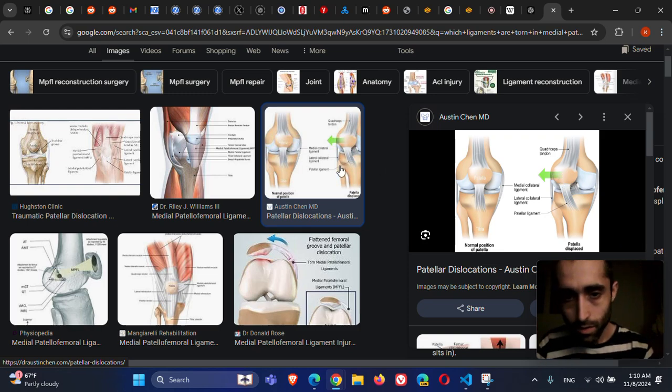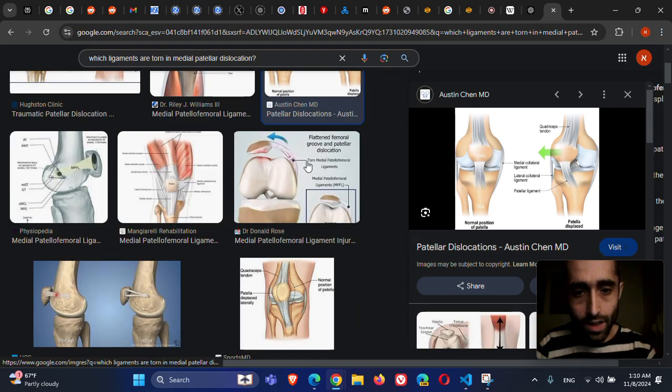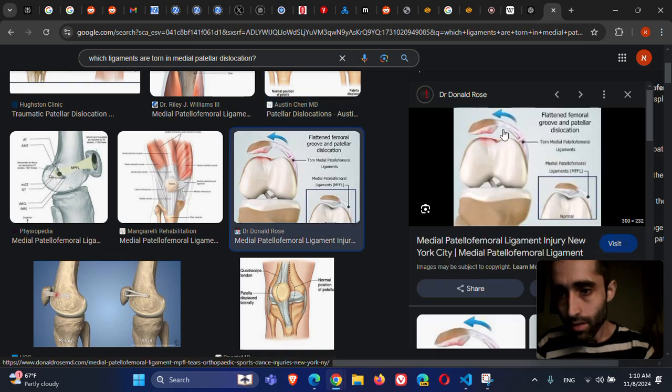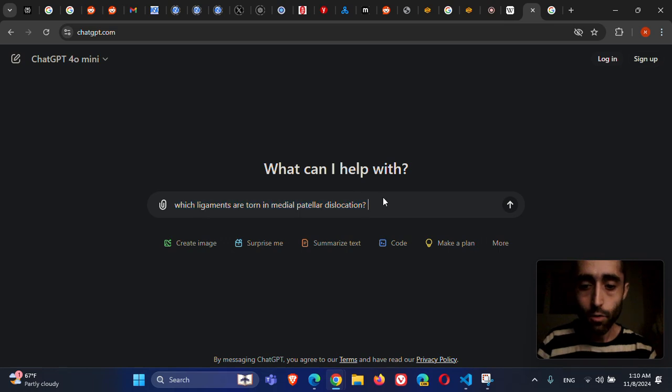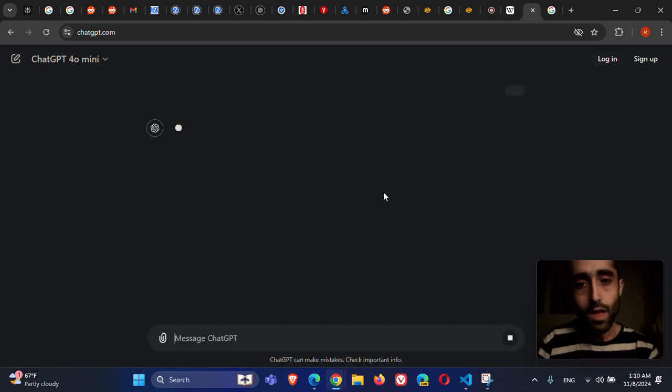And when this happens, the ligament that is torn is almost always the MPFL, the medial patellofemoral ligament. So all the literature talks about MPFL tear.